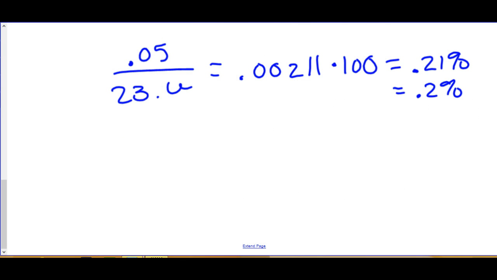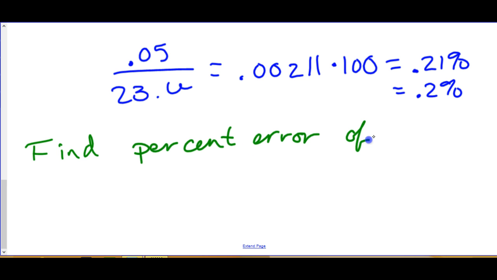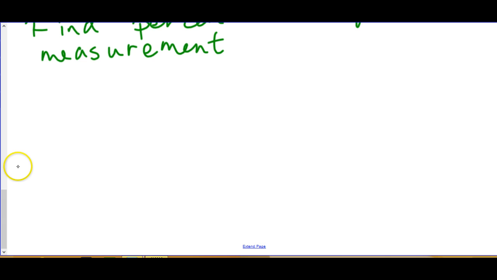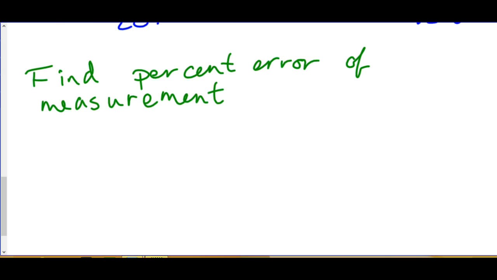So I'm going to just try one more. These ones are kind of a little bit weird. Again, we're going to find the percent error of the measurement. Let's make it something a little smaller this time. Let's say our measurement is just 0.3. Again, we have to decide what units place we've gone to.